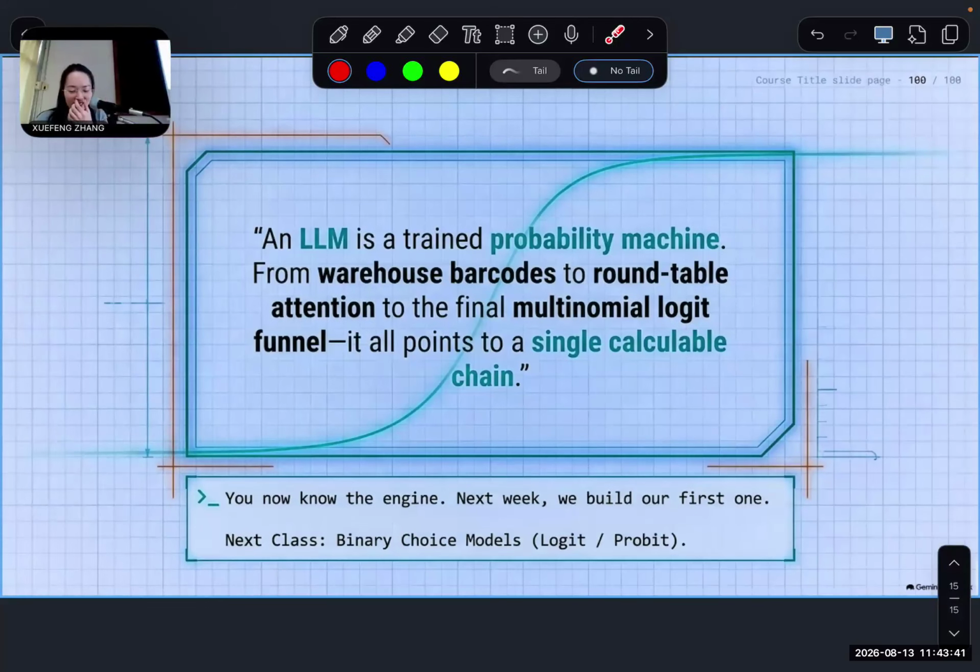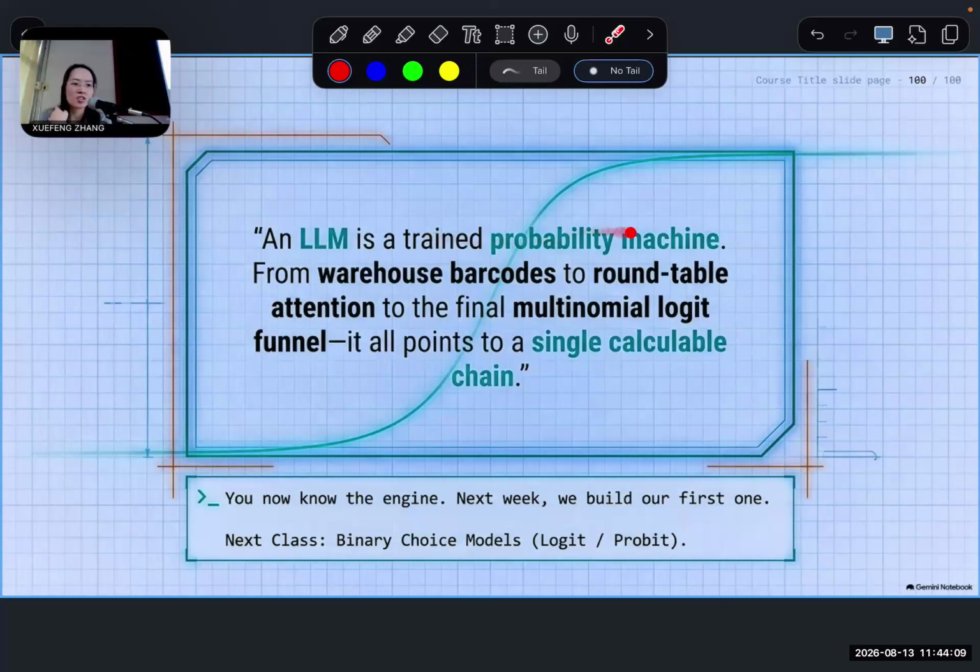Okay, so this is the last slide. An LLM is a trained probability machine. Right now, AI trainer, I don't know, in your country, do you have AI trainers? Maybe I'm not sure about Thailand, but there are no more than 200 AI trainers right now.